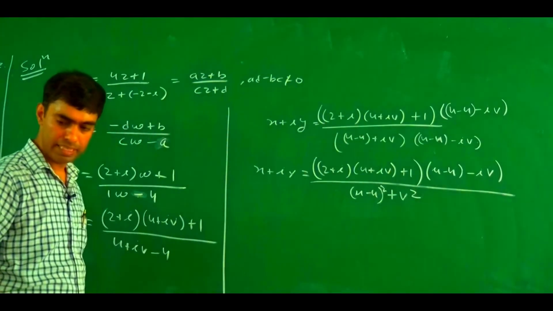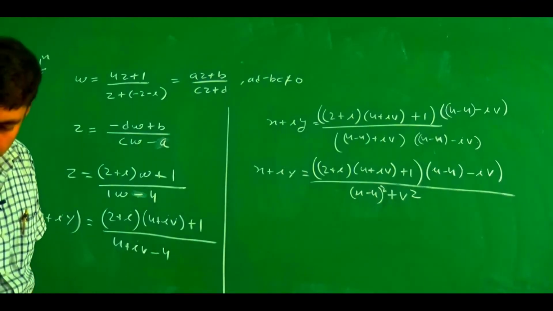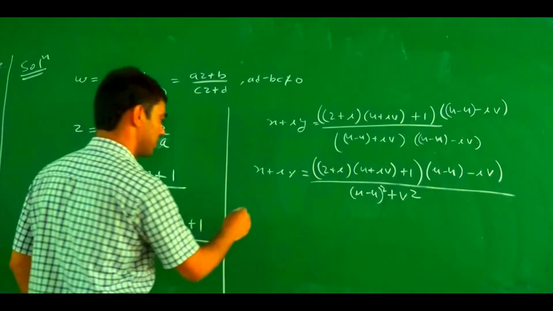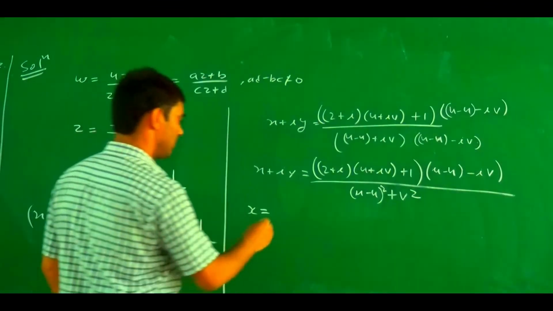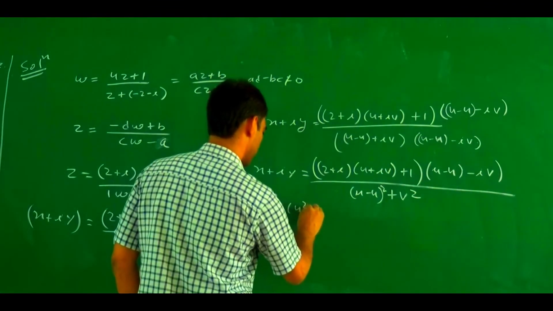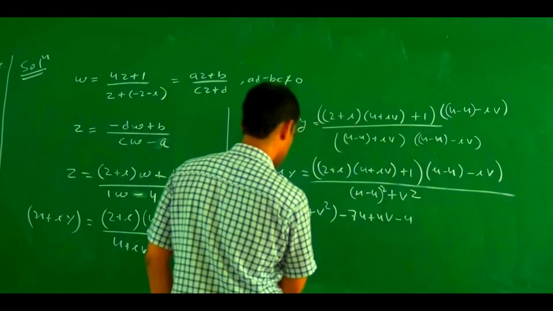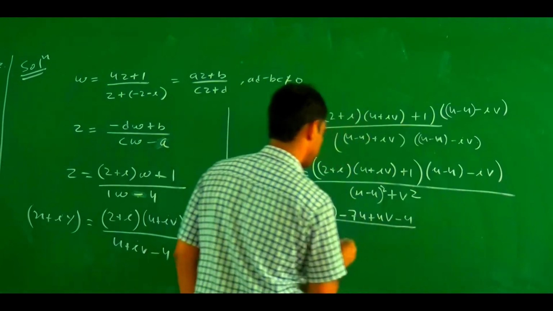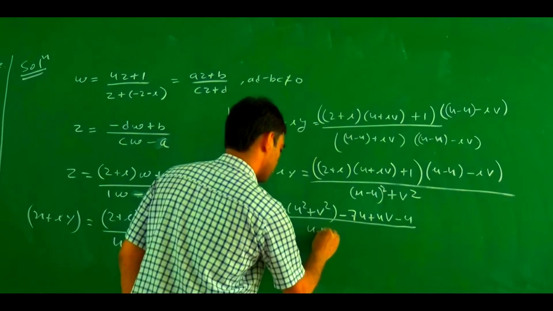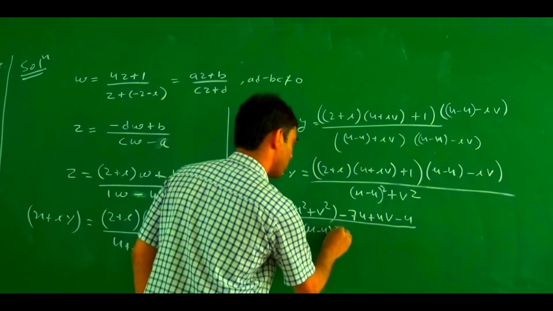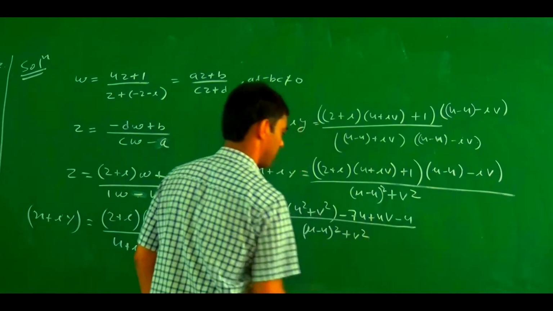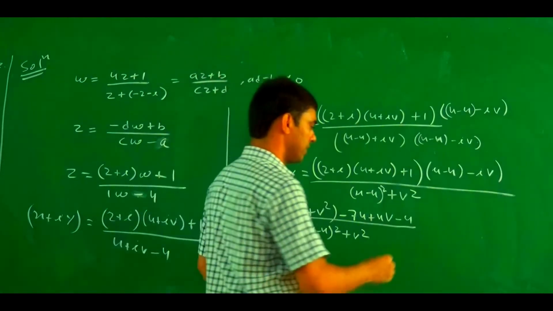So if we equate the real and imaginary parts, what is the real part? x becomes 2 times (u square plus v square minus 4) divided by (u minus 4) whole square plus v square. Now what is the value for y?